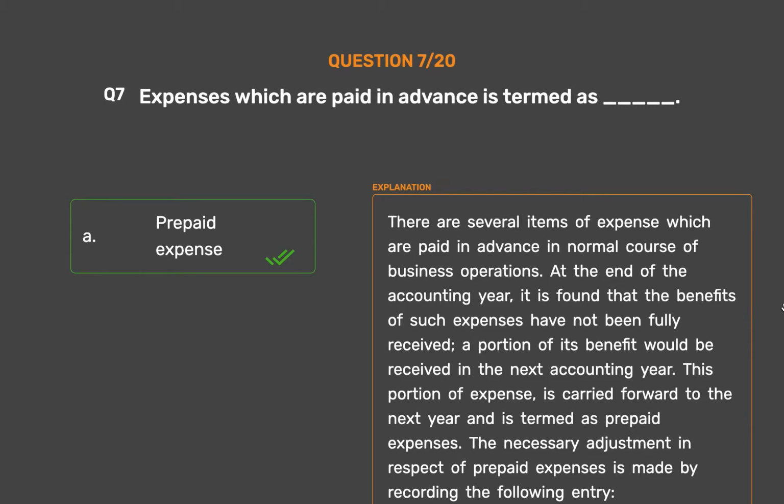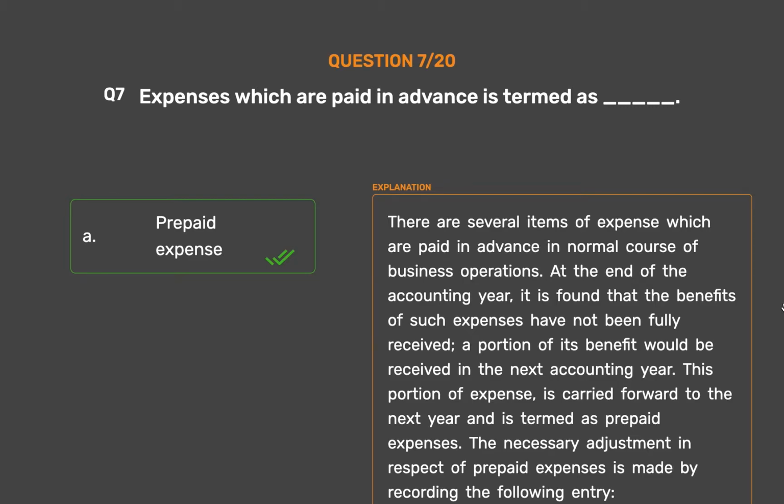There are several items of expense which are paid in advance in the normal course of business operations. At the end of the accounting year, it is found that the benefits of such expenses have not been fully received. A portion of its benefit would be received in the next accounting year. This portion of expense is carried forward to the next year and is termed as prepaid expenses.